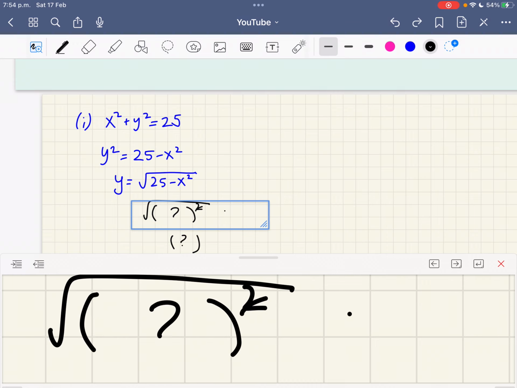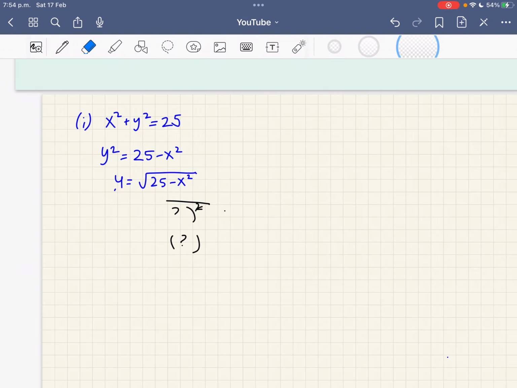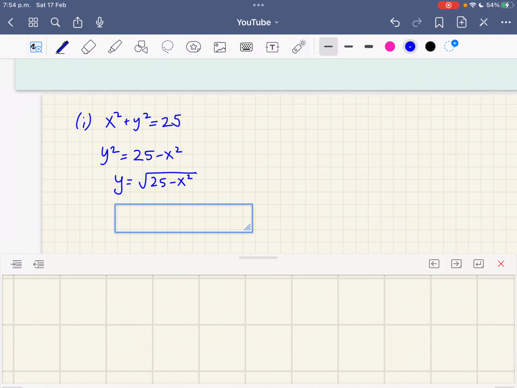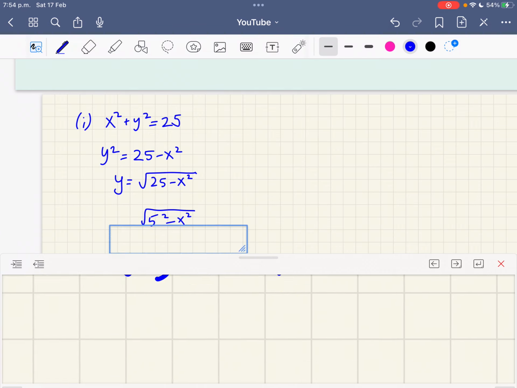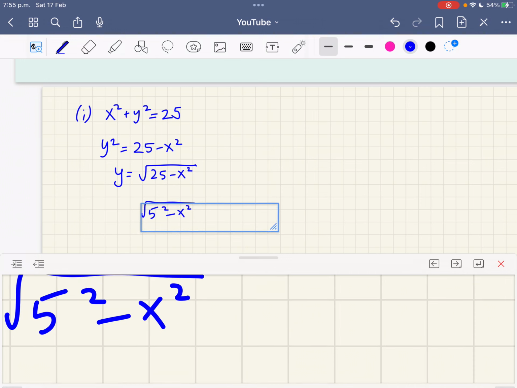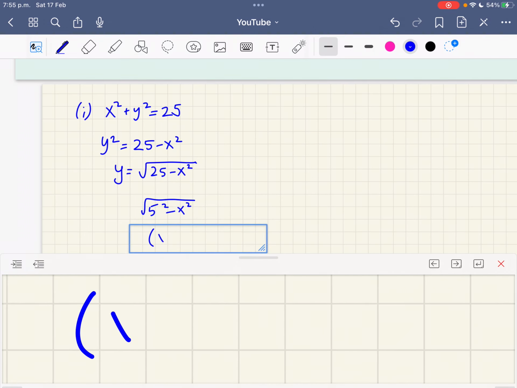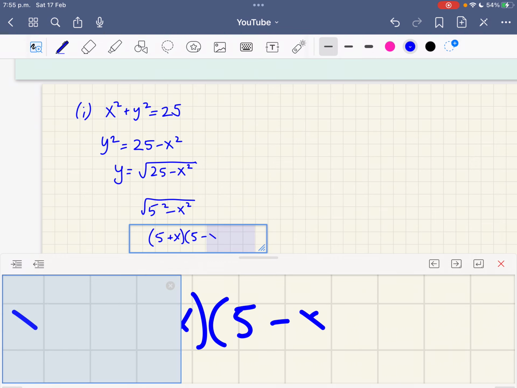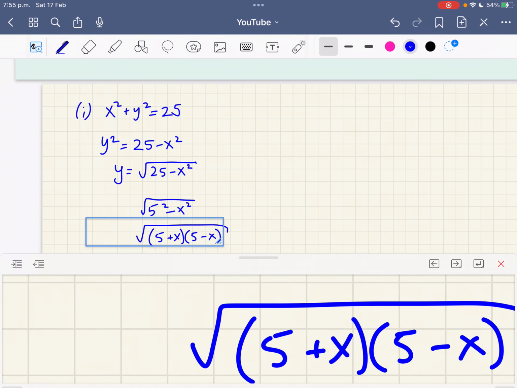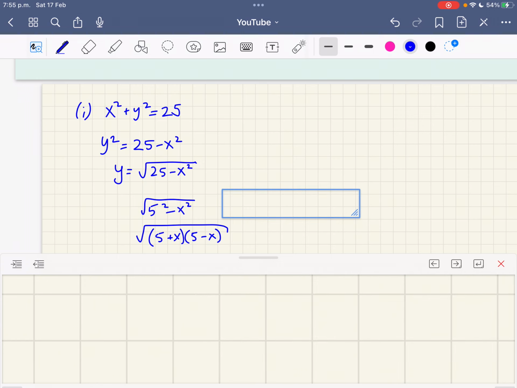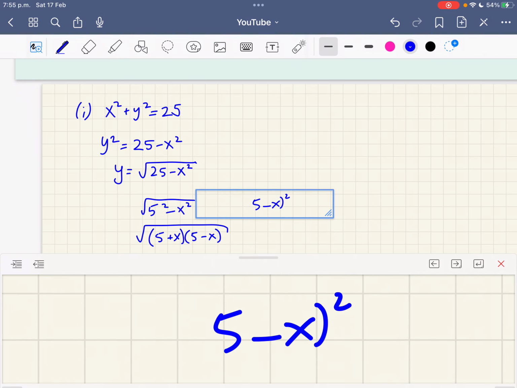But here, if you wanted to write this as 5 squared minus x squared, to write that as 2 brackets, it would be 5 plus x, 5 minus x, not squared, which is the same thing as this, not that is something different.